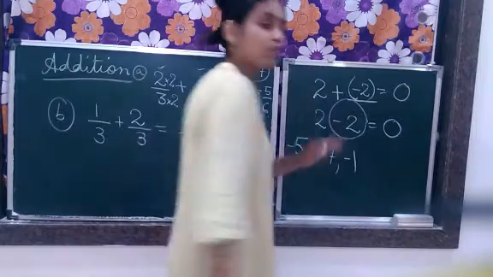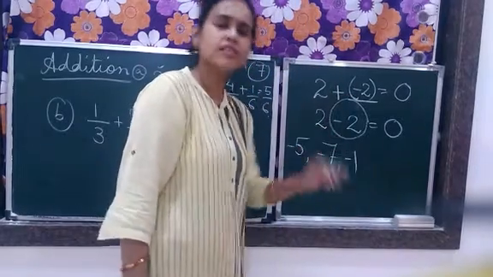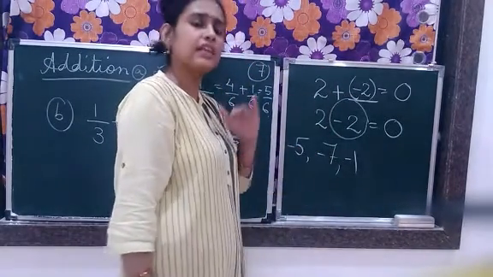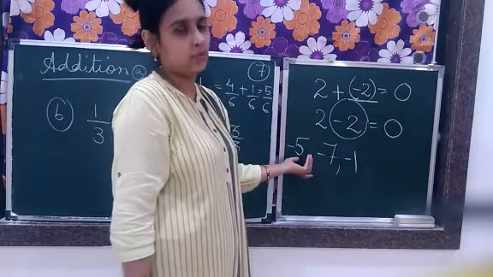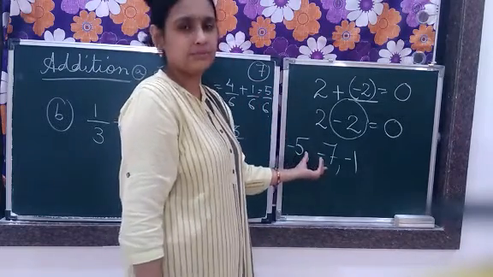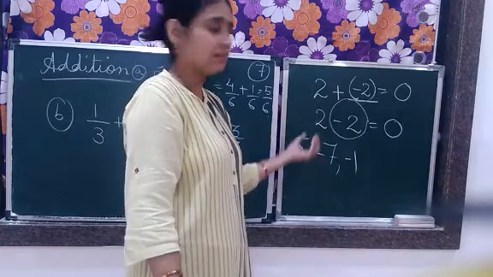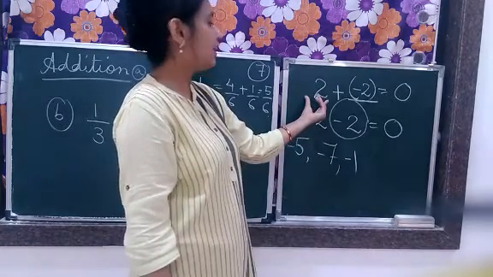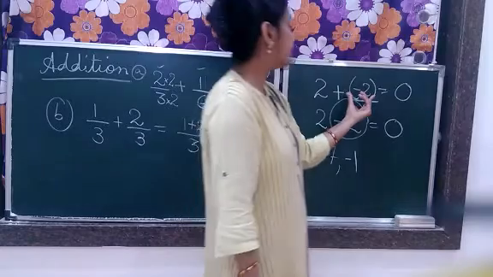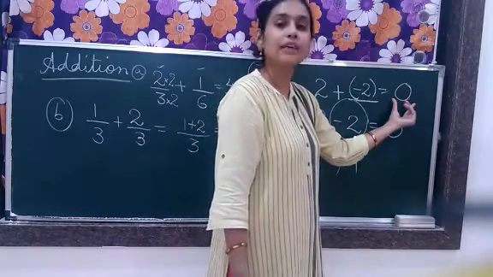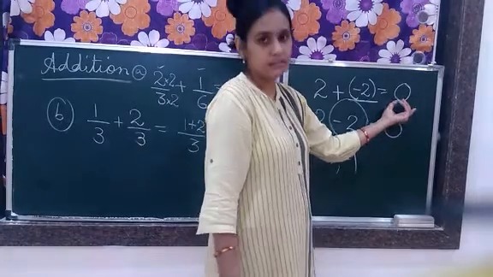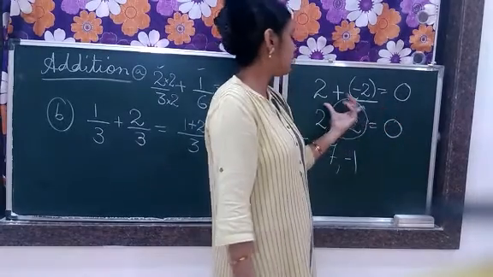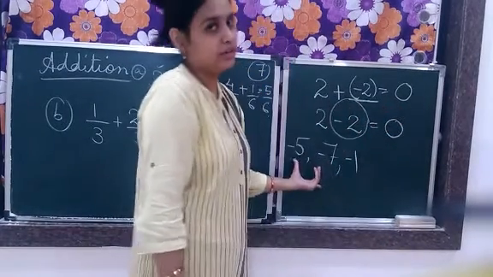So did you understand what is additive inverse? This is just a revision. We have discussed this before in integers, but I am discussing it once again. So what is an additive inverse? When we add an integer to its negative, the sum is always 0.